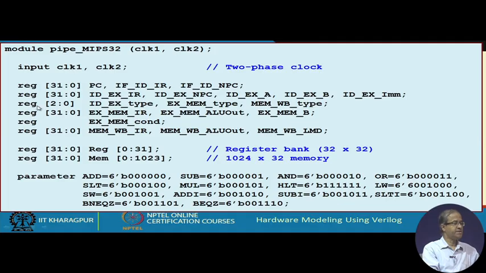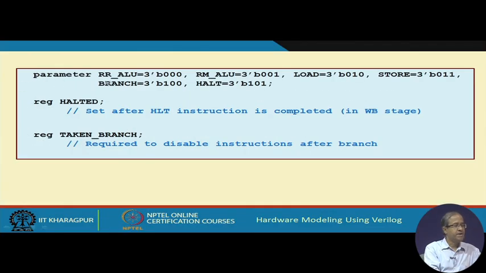Now, in addition we also maintain a variable called type. Let me go ahead to the next slide and show you what type is. Type is the type of the instruction, encoded in 3 bits.